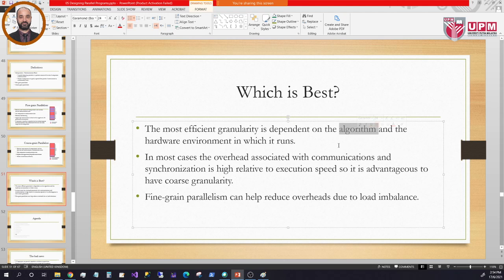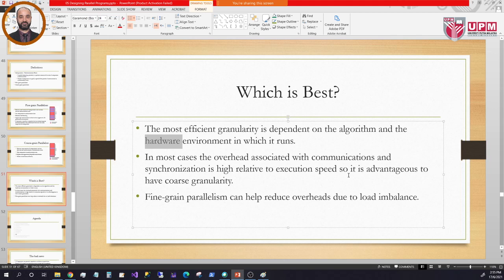The algorithm here means the problem itself, and the hardware needed to solve that problem. For example, if the problem relies on sensing some data from sensors, and those sensors are very slow, that will hinder the improvement of the program.